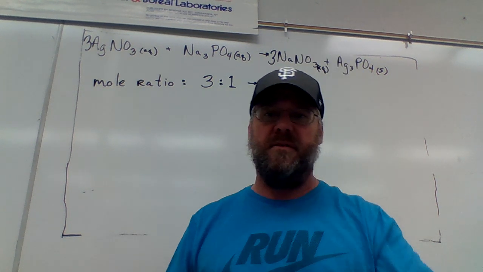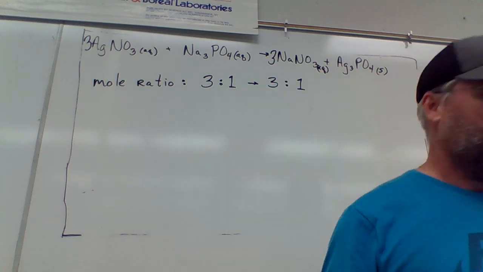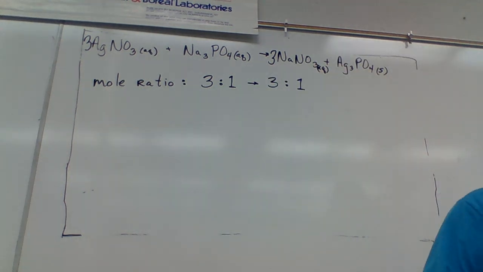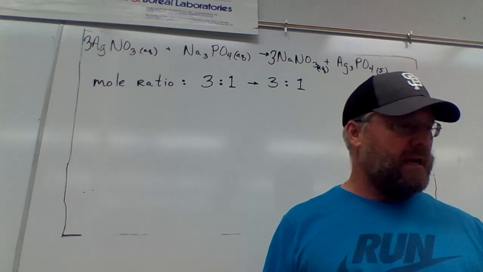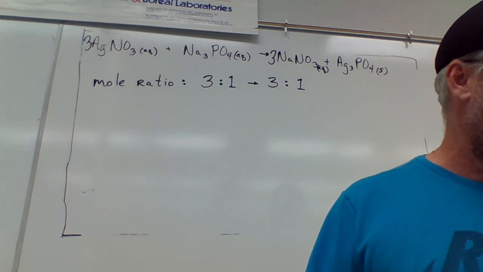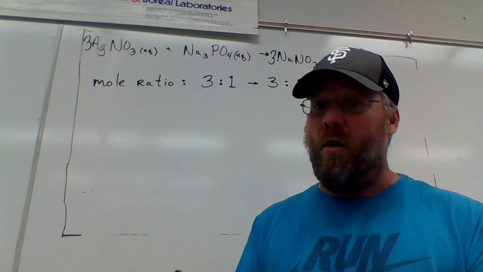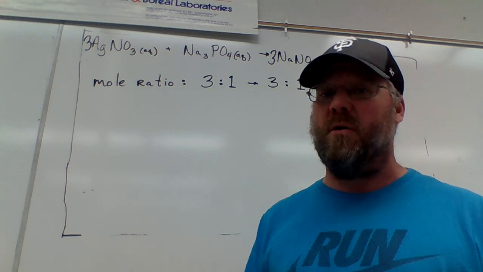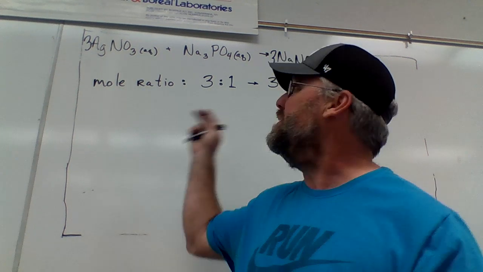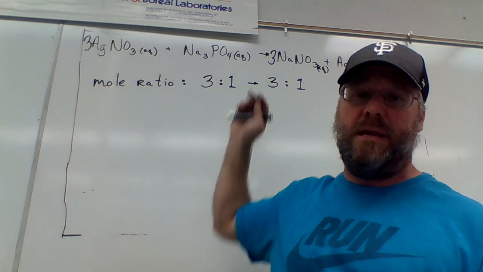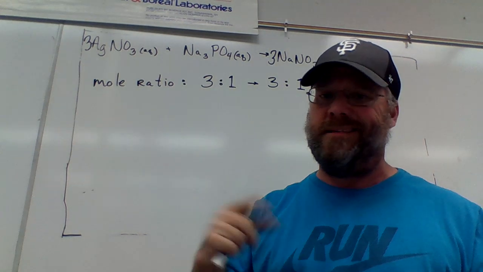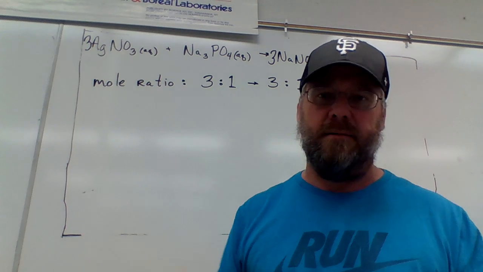All right, so you're right. B is out. Okay, how about C? 1 mole AgNO3, silver nitrate, and 1 mole Na3PO4. Okay, we're at least in moles. I like that. But again, I'm looking for a ratio of 3-to-1. This is 1-to-1. So C, not going to work.